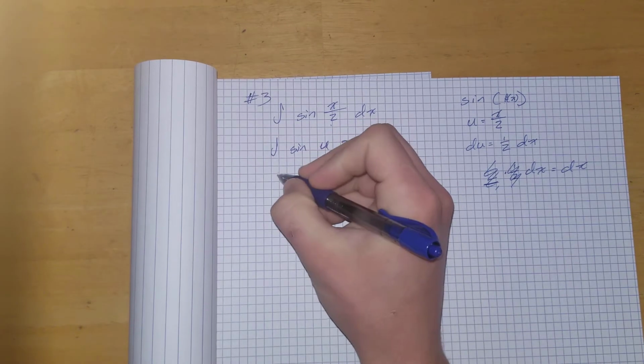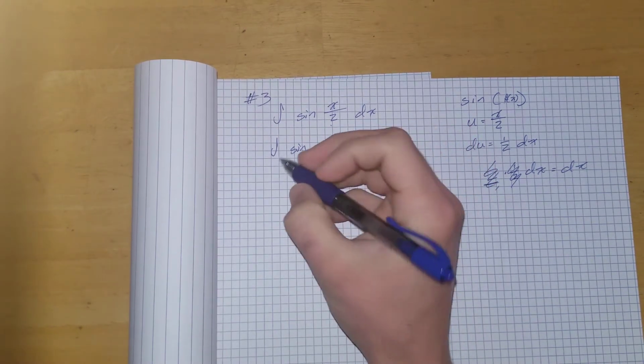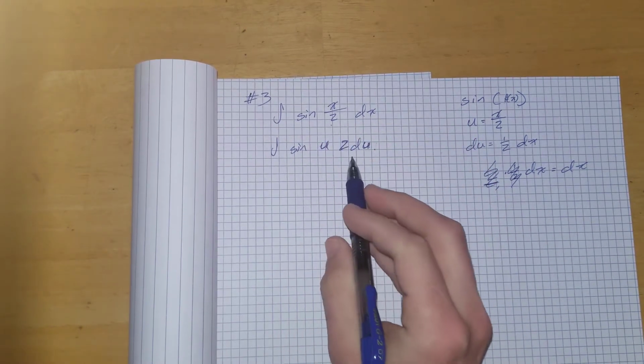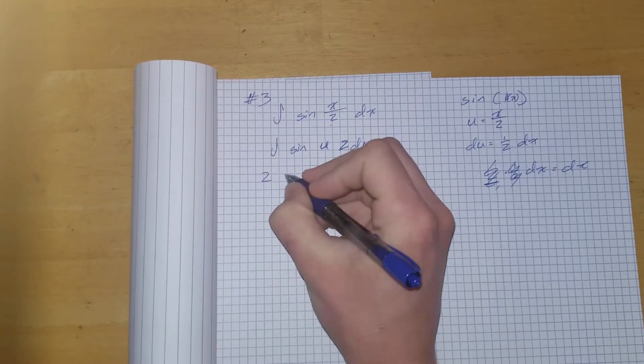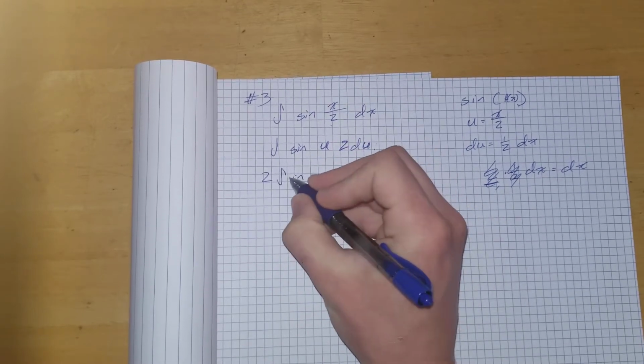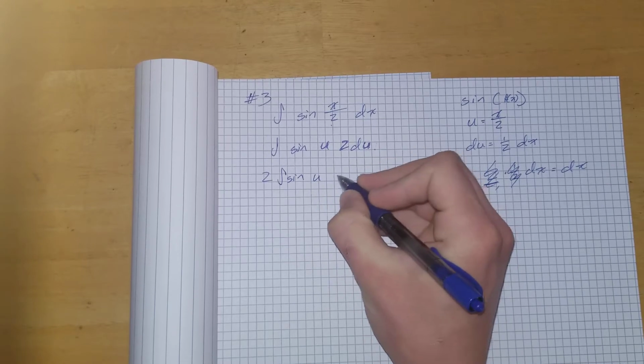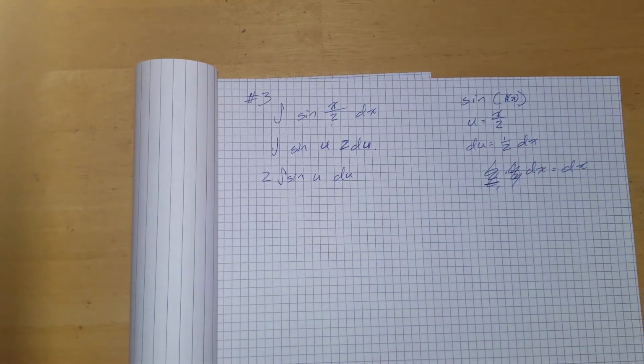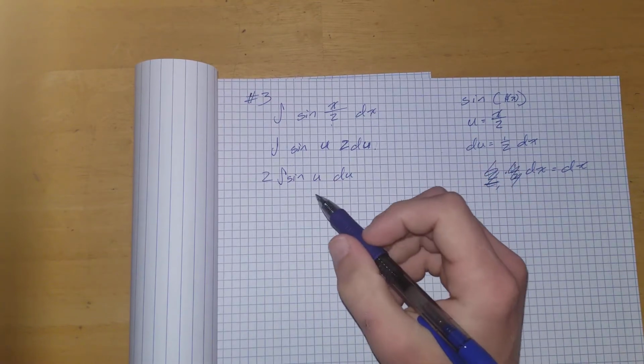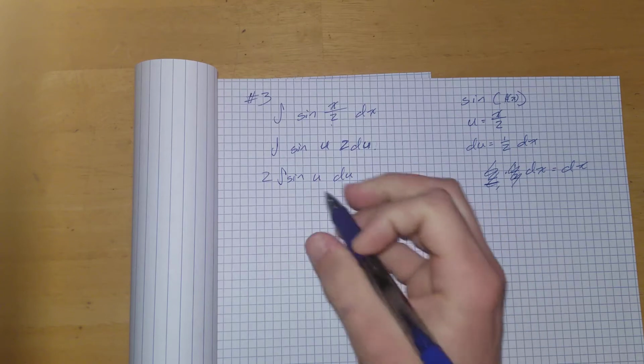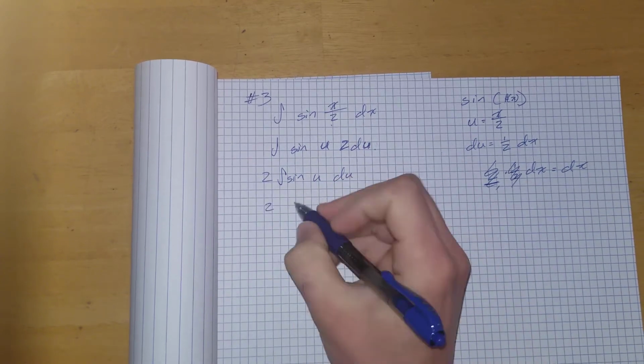So come back over here, integrating sine of u. So I'm going to pull out the 2, integrate sine u du. And the integration for this: in order to get to sine from deriving, we need a negative cosine.